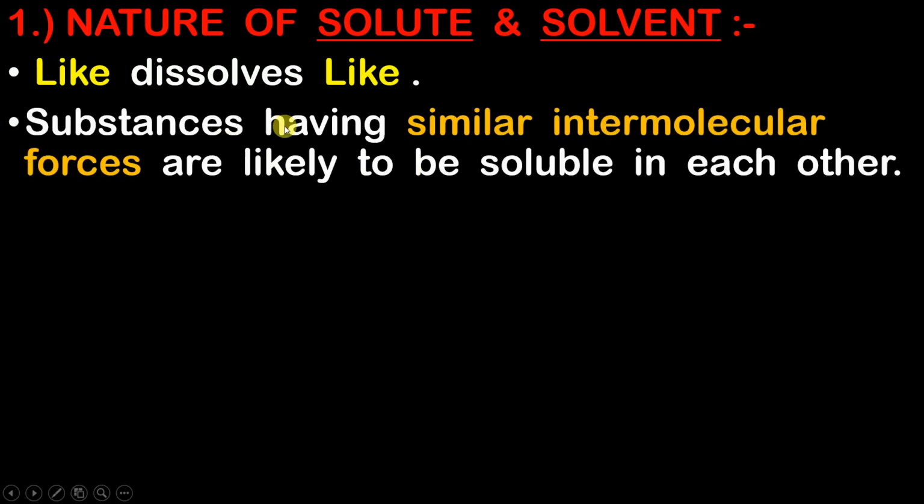Now what is the meaning of this? See, if the solute and solvent have similar characteristics, then the solute is going to get easily dissolved in the solvent. Is this clear? Now, substances having similar intermolecular forces are likely to be soluble in each other, which means that if the intermolecular forces in the solute are almost equal to the intermolecular forces in the solvent, then the solute is going to get dissolved in the solvent easily.